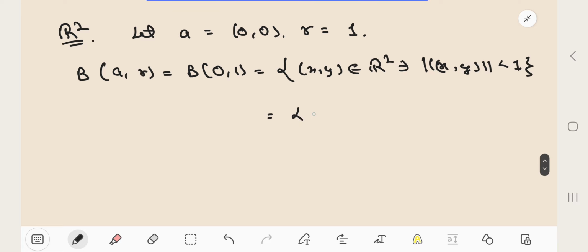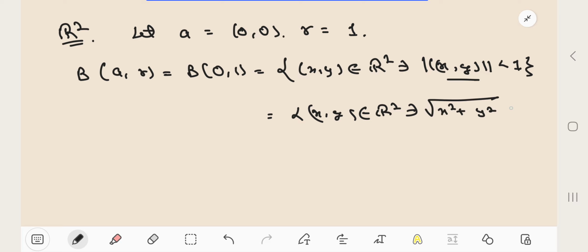But if you carefully observe, by the standard definition this is just the square root of x squared plus y squared being less than 1.